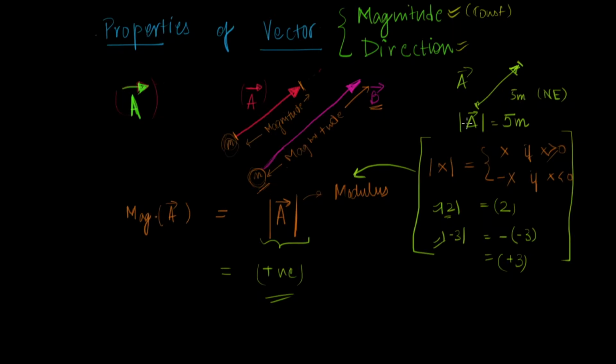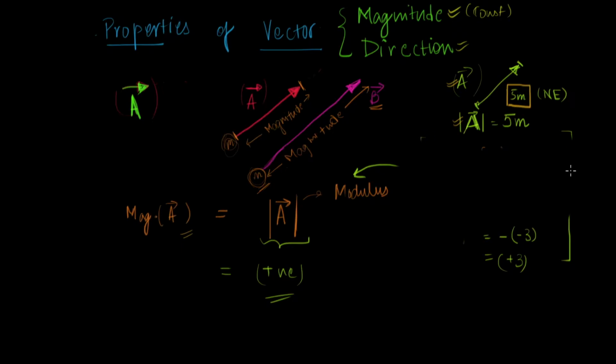Simple as that. So when I call out the modulus of any vector, I basically limit my observation just to the magnitude. So we have gone back to the realm of scalars from vectors, the vector being A and the scalar being the modulus of A. So that is how we call the magnitude of a vector.